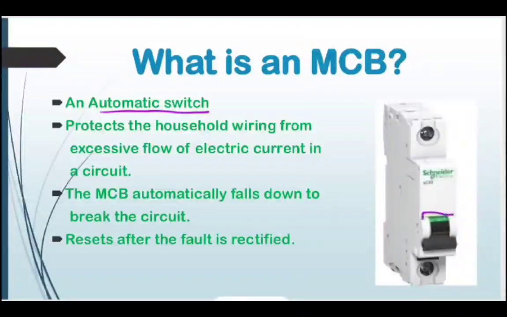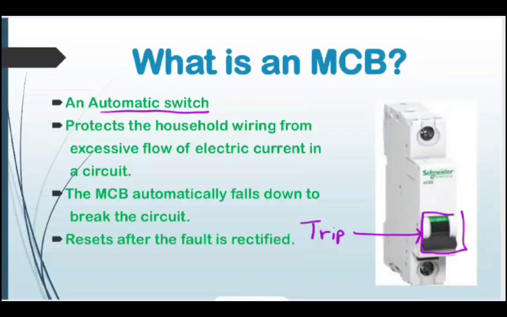This is how it looks like. Very commonly we call this a trip as well, children. Electricity gets tripped in case the wire gets heated. It automatically trips. So it is an automatic switch which trips if the wire heats up, the circuit heats up.